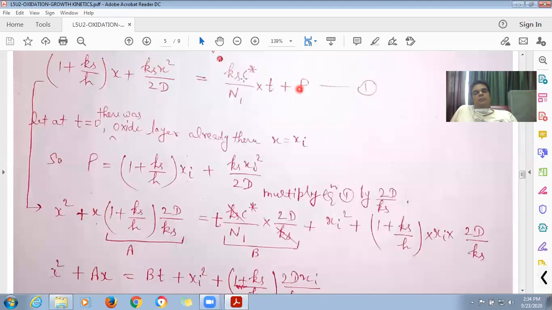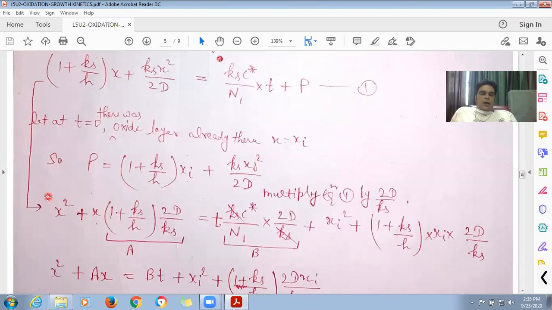If I multiply the left-hand side and right-hand side by 2D upon Ks, I will get x square plus x times 2D upon Ks multiplied by this, equal to t times Ks C star upon N1 into 2D upon Ks plus p times 2D upon Ks, and p we have already calculated. Just put this value here and you will get this expression.